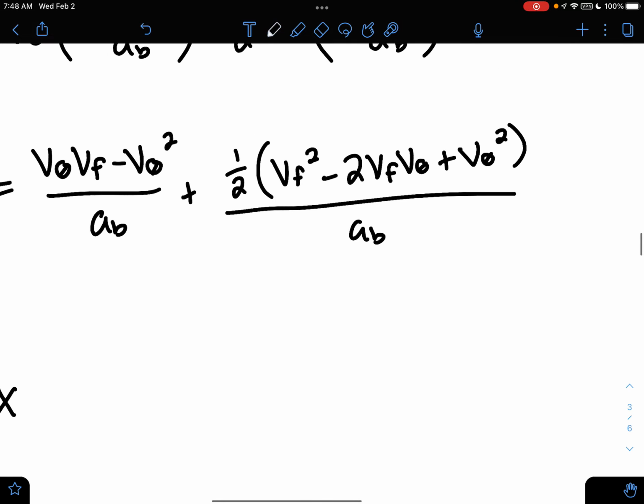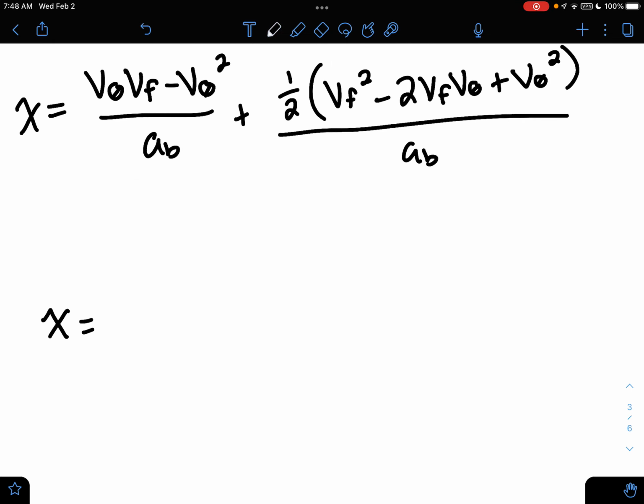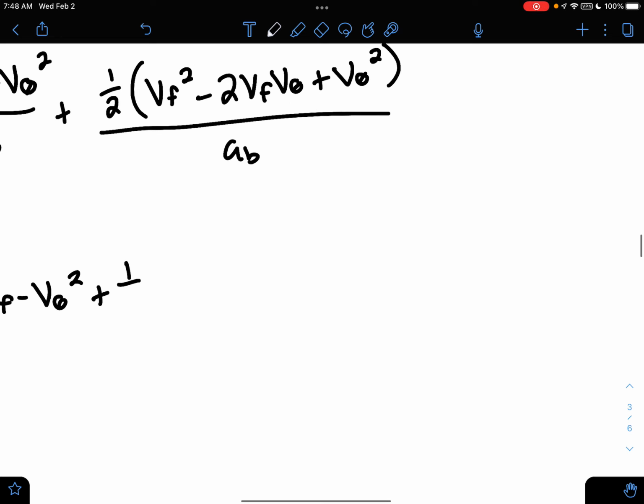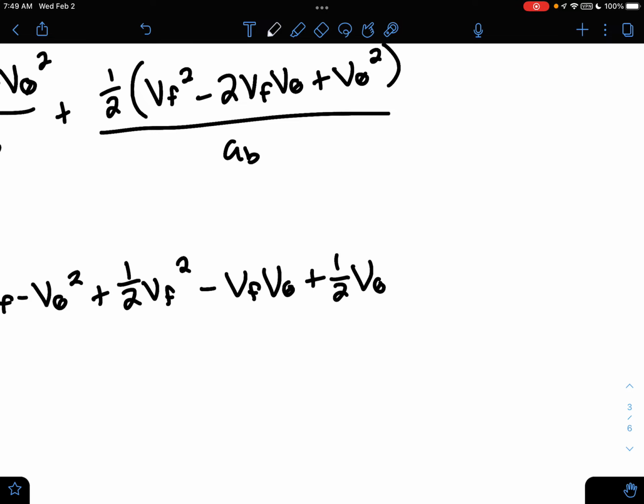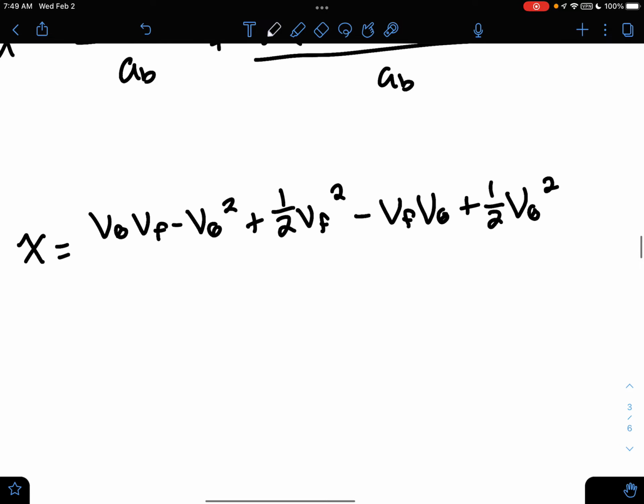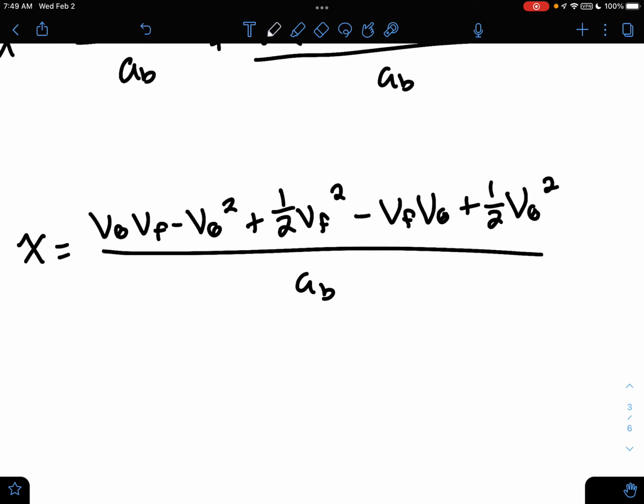And I'm going to also distribute the 1/2 into this mess. Right, so we're going to get v naught v final minus v naught squared plus 1/2 v final squared minus 2 distributed into the 1/2, so just v final v naught plus 1/2 v naught squared all over acceleration.